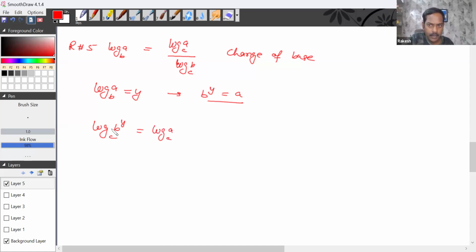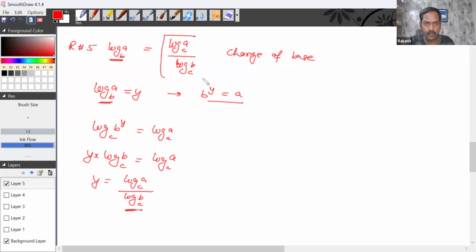Now I can apply the third rule, wherein y gets into the multiplication. So it will be y into log of b with base c is equal to log of a with base c. Or I can say that the value of y would be log of a with base c divided by log of b with base c. And what is y? This is y. Here is rule number 5.